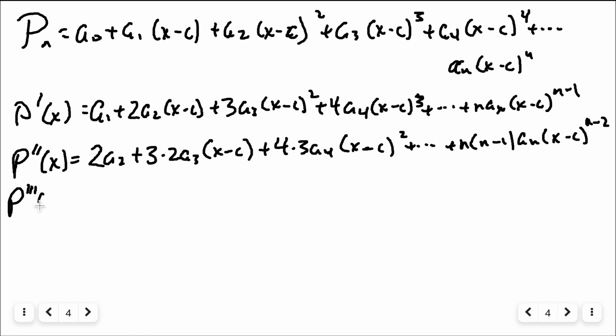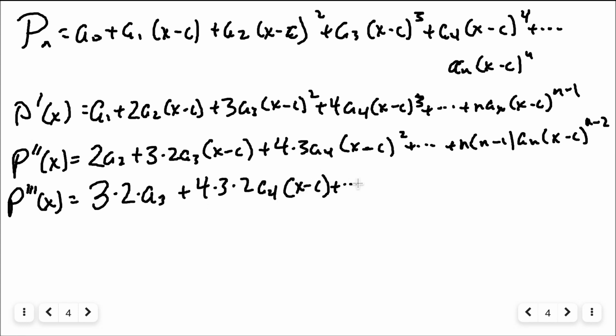So now let's find the third derivative. The 2a2 will drop out. That's a number. I'll get 3 times 2 times a sub 3 plus 4 times 3 times 2, a sub 4, (x minus c), plus n times n minus 1 times n minus 2, a sub n, (x minus c) to the n minus 3.